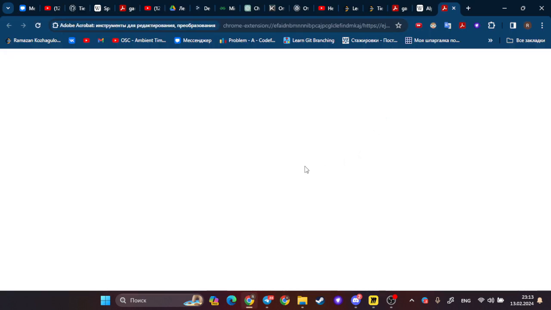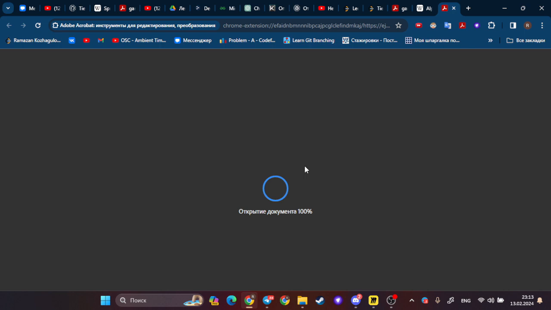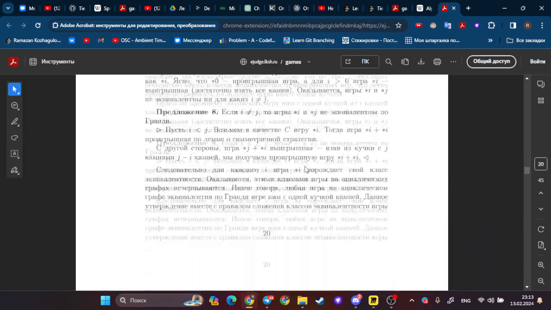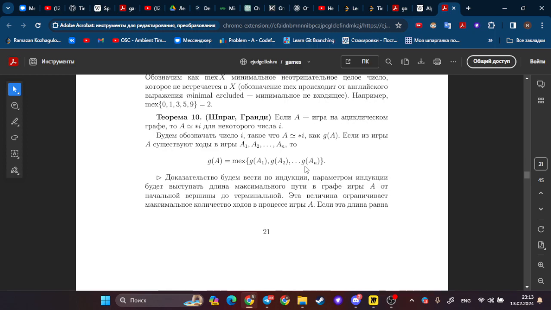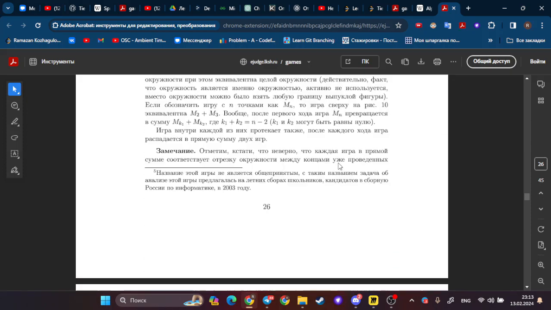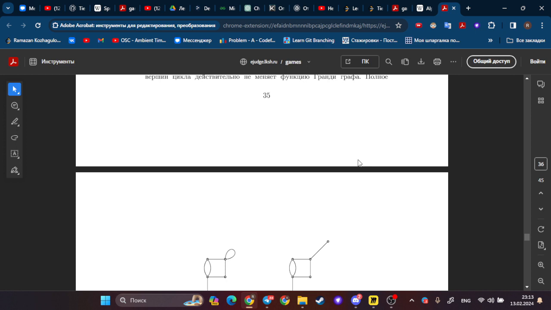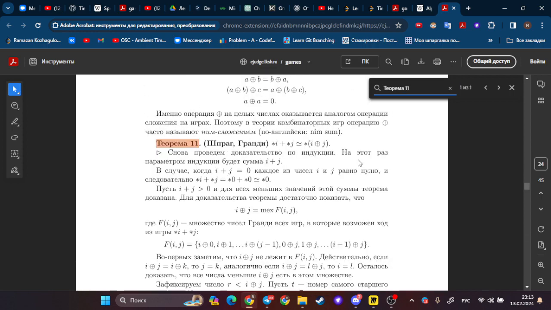If you're interested in the Sprague-Grundy theorem, you can look at the proof here.